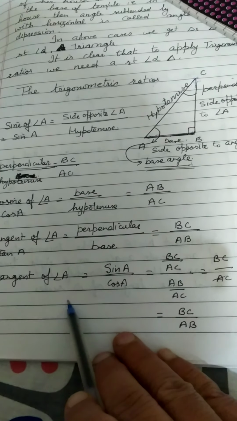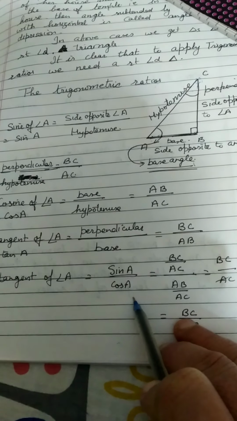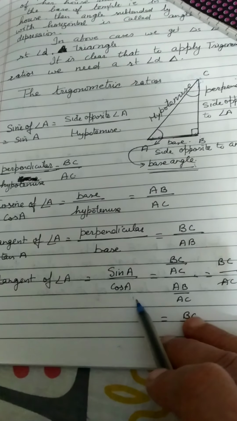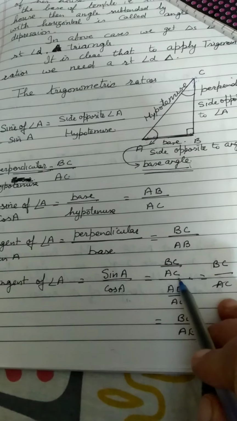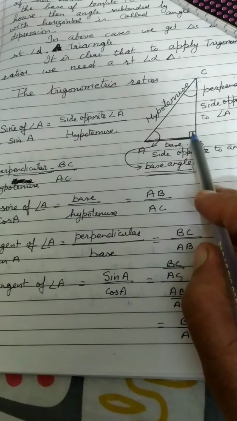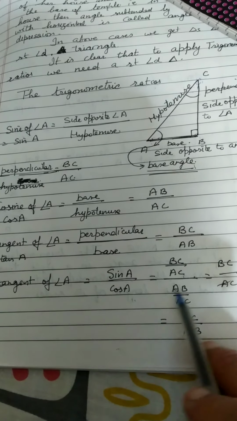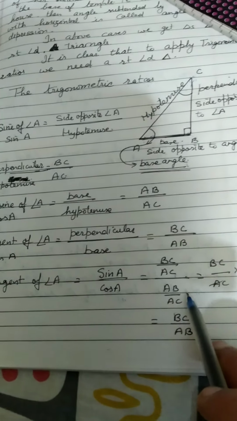Tangent of angle A is also equal to sine A by cos A. What is sine A? Sine A is BC upon AC, perpendicular upon hypotenuse. Cos A is base upon hypotenuse, AB upon AC.